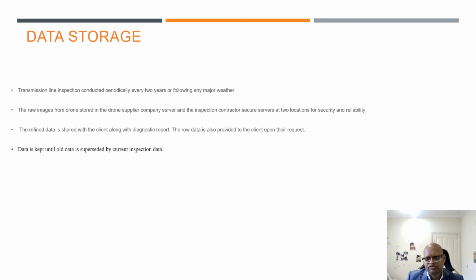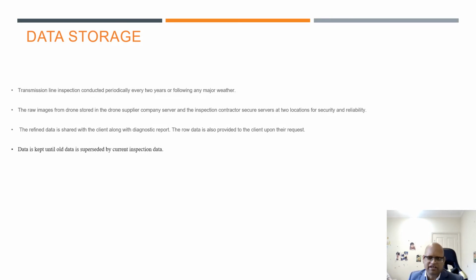Data storage. Every utility conducts transmission line inspections every 2 years or following a major weather event. The raw data captured by the drones are stored in the drone supplier's or the pilot's servers, as well as the inspection contractor's server, which is our company's servers, at two locations to enhance security and reliability.